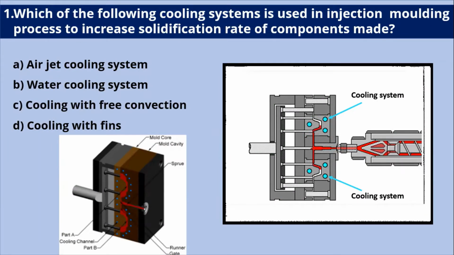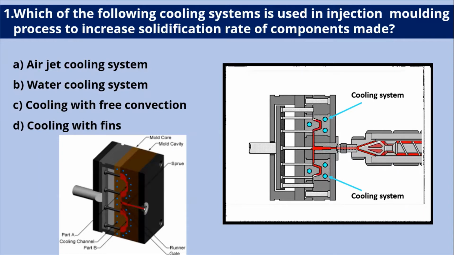The cooling system is made by including some passages in the mold walls that are usually connected to an external pump. Cool water is circulated through the passages to extract the heat from the hot polymers or plastic components made in the injection molding process.